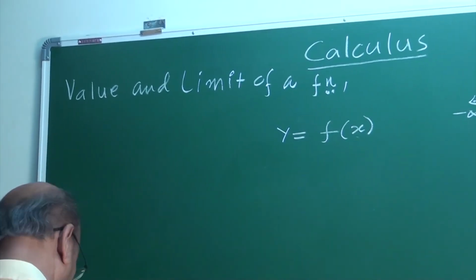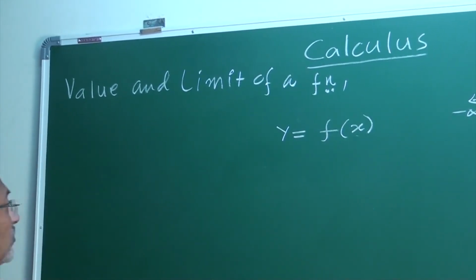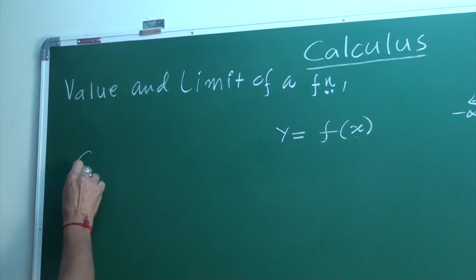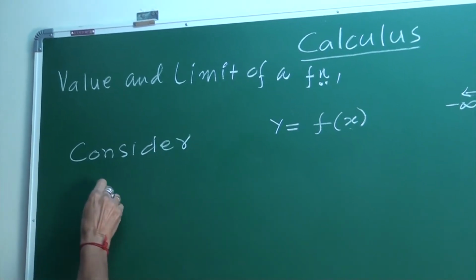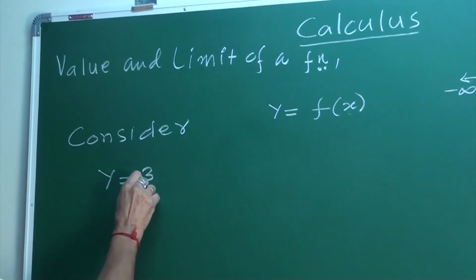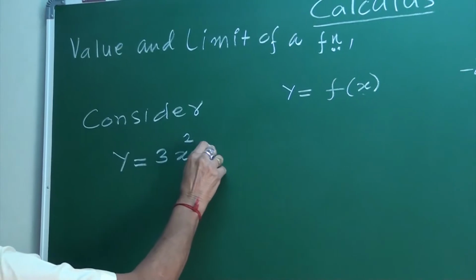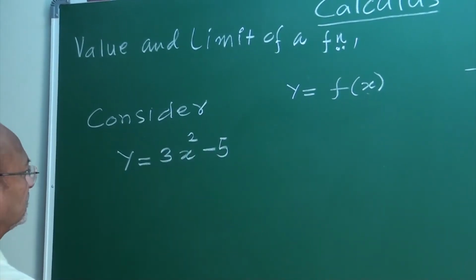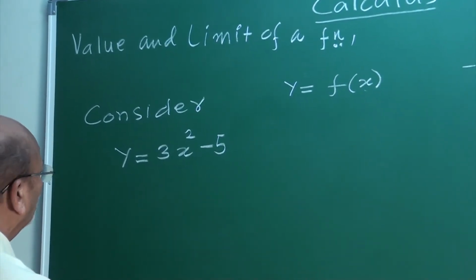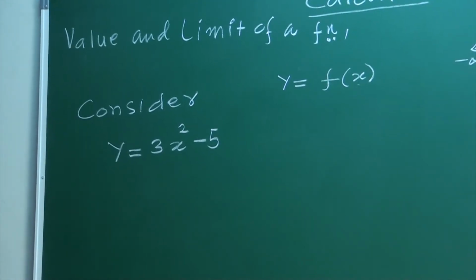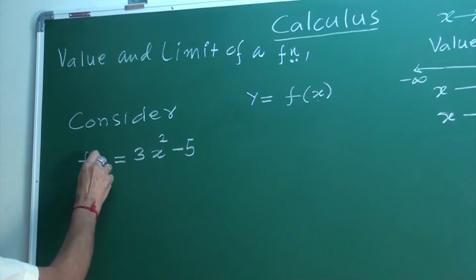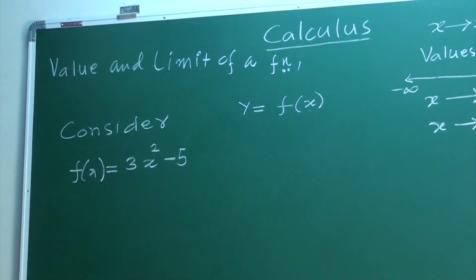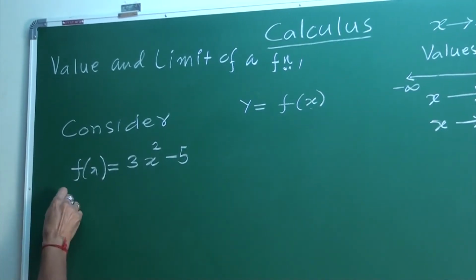In particular, consider y equal to 3x squared minus 5, or instead of y, you can take the function f(x) equal to this.